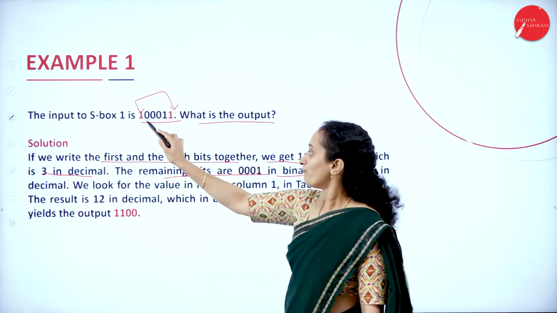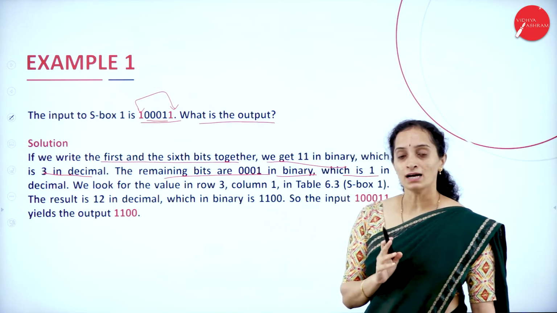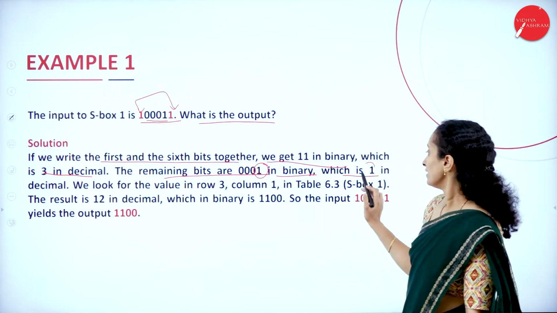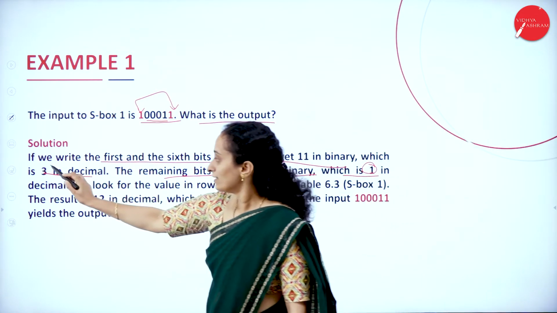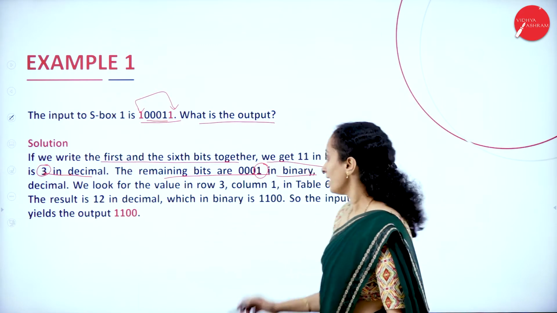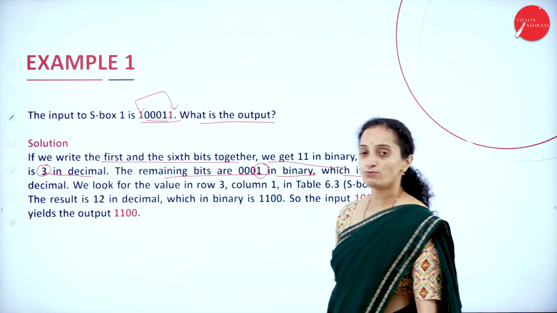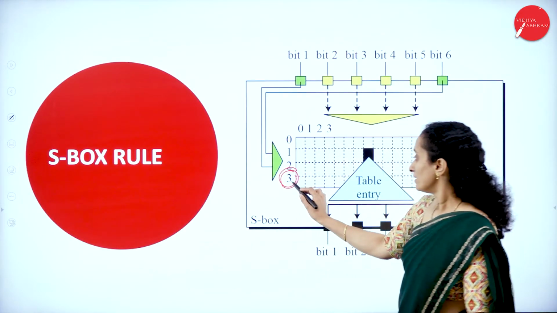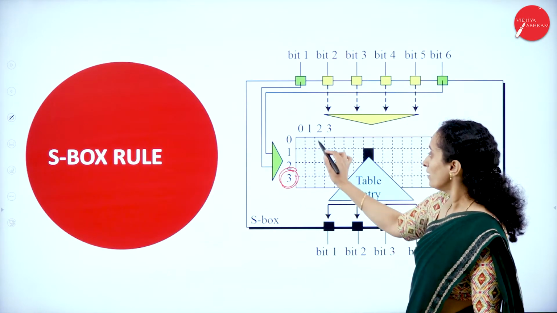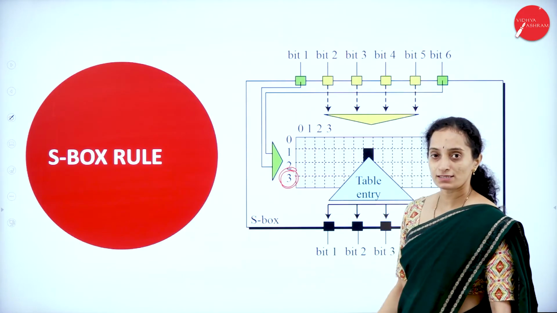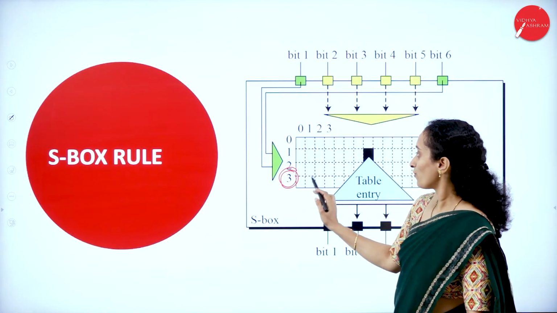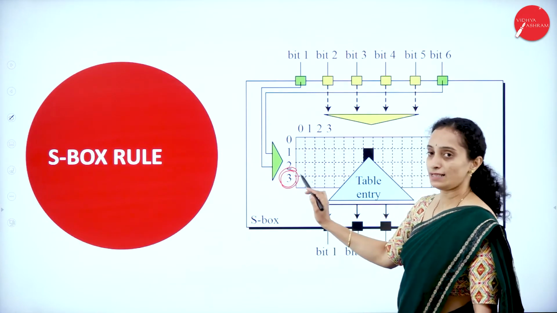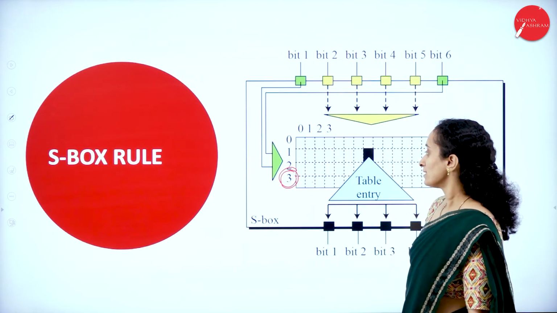Now, the 4 bits represent the column. The column is 1, and the row number is 3. When you look at the S box, the 4th row and the 2nd column produces 3.